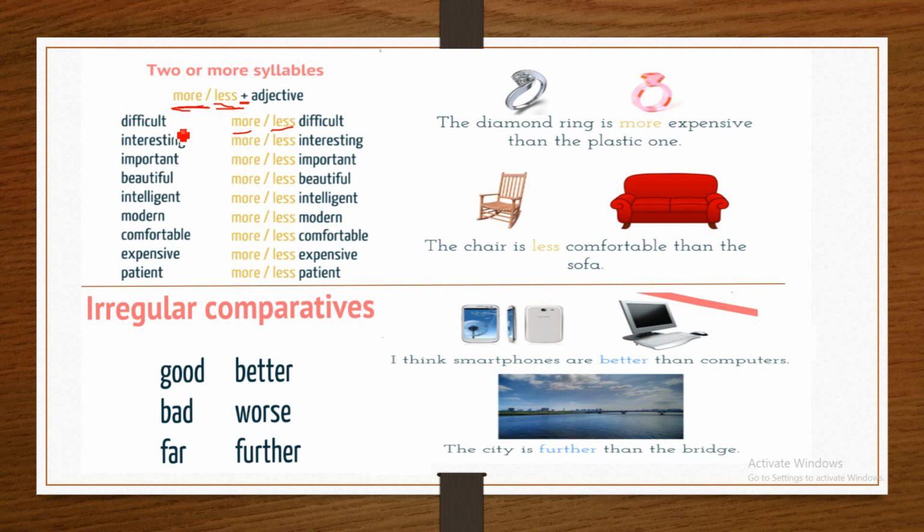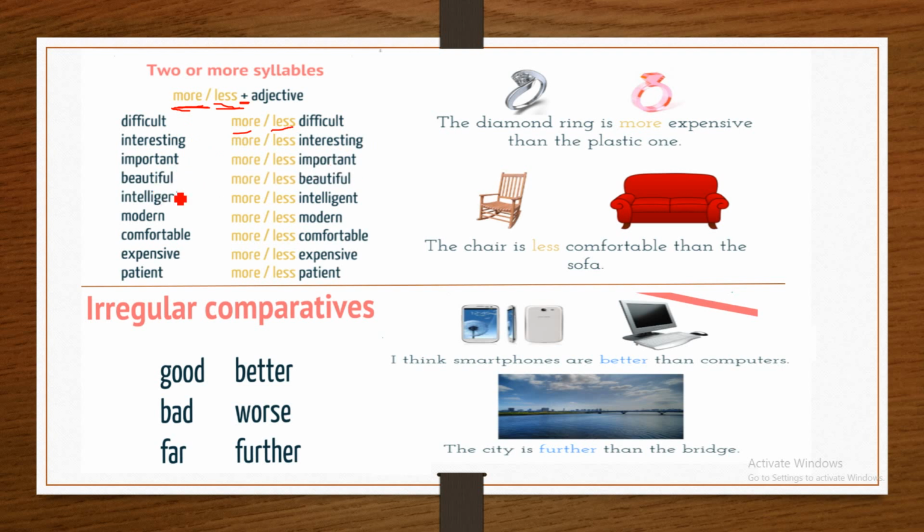Difficult is a two or more syllable adjective. It will become more difficult or less difficult. Interesting becomes more interesting or less interesting. Important becomes more important or less important.